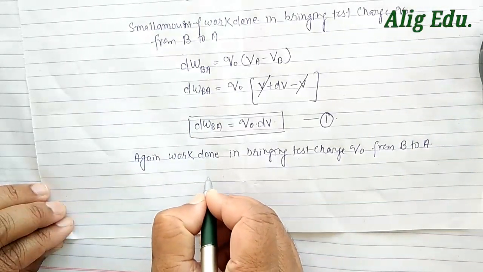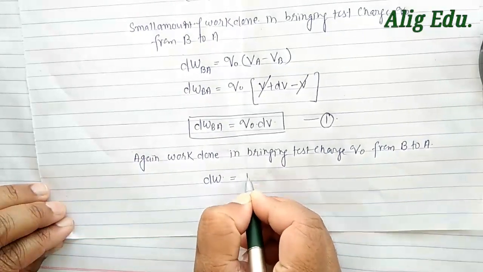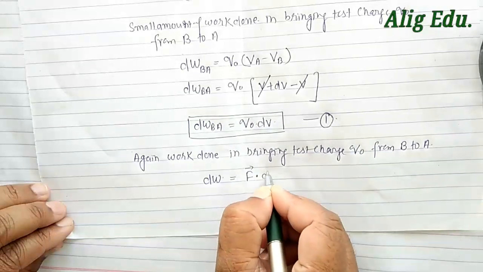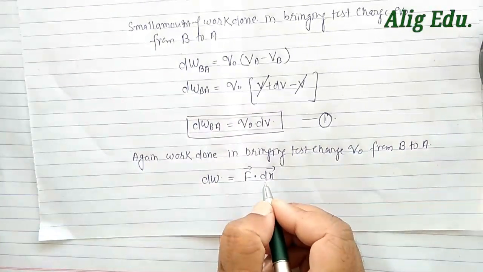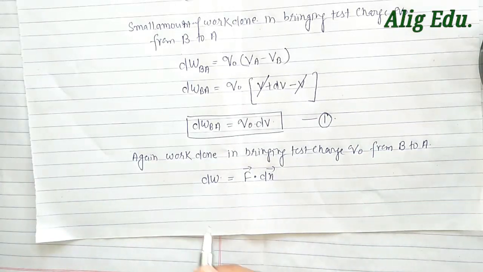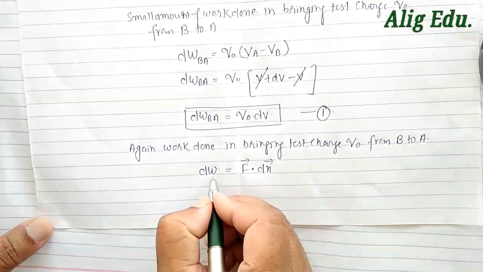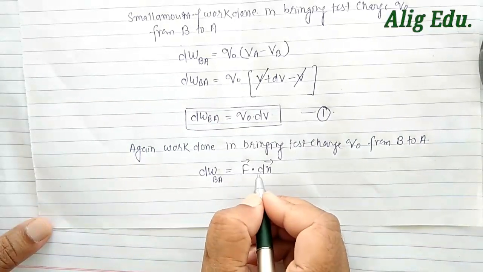Work done is simply given by force dotted with displacement. So the work done in bringing a charge from B to A is equal to F dot dx.